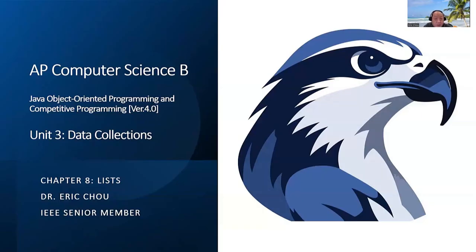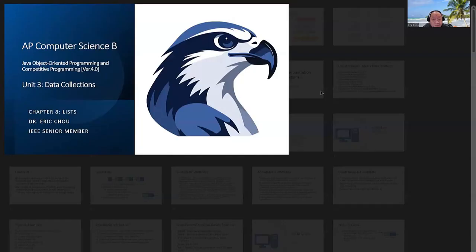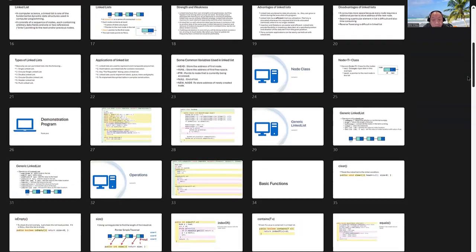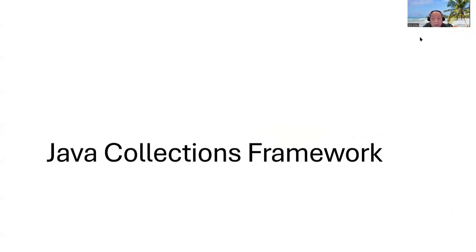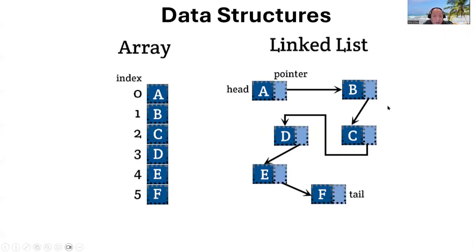Now let's finish up this chapter. So this linked list is a part of the collection. So you have array like this. Linked list is linked nodes. When you use them, they are both list, so their behavior is similar.